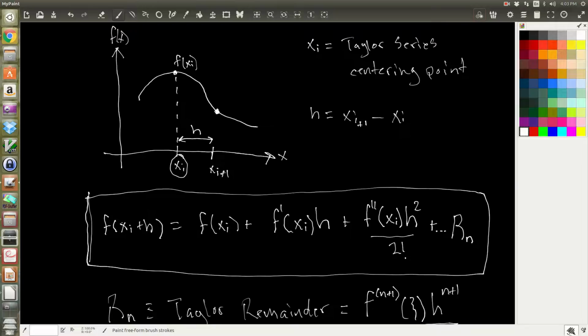Well, we could look at this function and say, if it's not changing very much, we might guess that it's pretty close to what it used to be. And especially if this h value is small, we would guess that it's probably just equal to itself over here, f of xi. Now this is called the 0th order approximation.